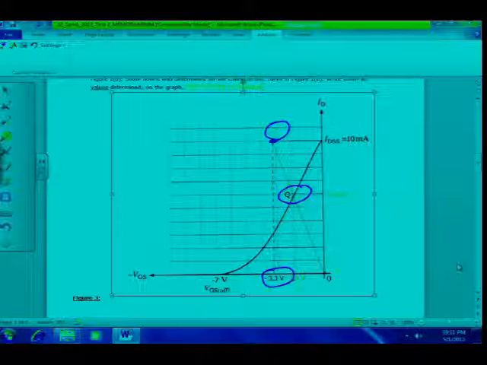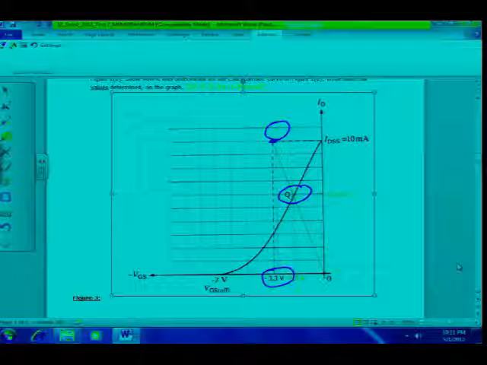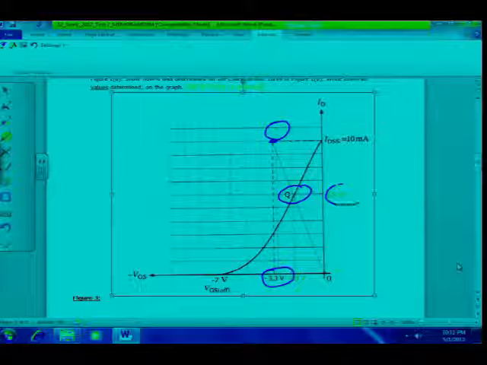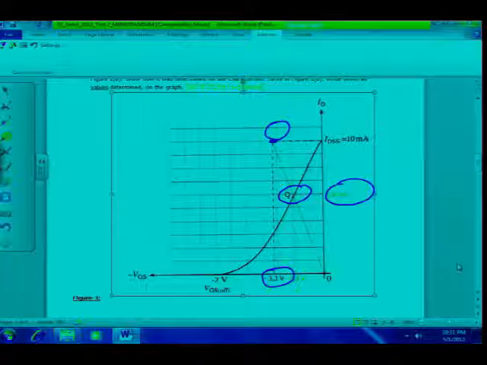If you didn't write it there on the graph, because I asked you to write it on the graph, you most probably didn't get the mark. Okay, once you've got that, then of course you had to write in the values of the Q point, approximately 5.9 milliamps. You would see some of you wrote 5.8 or 6 milliamps or whatever, and then I also gave you the mark.